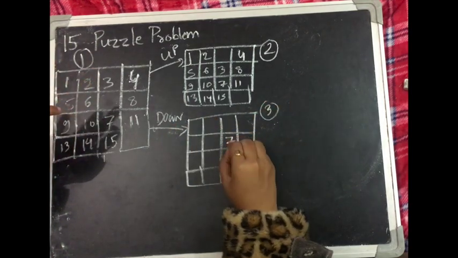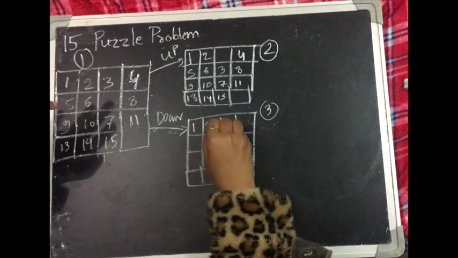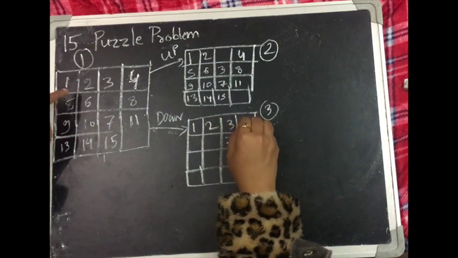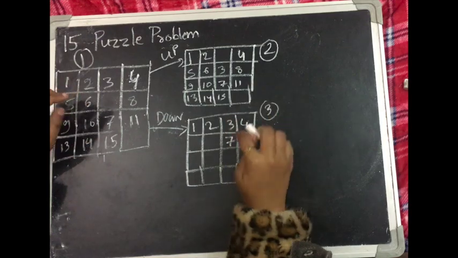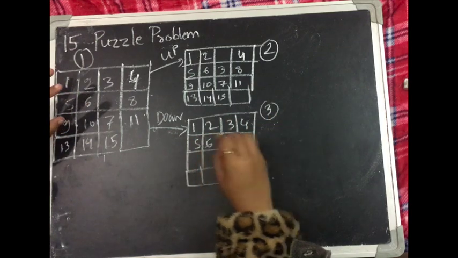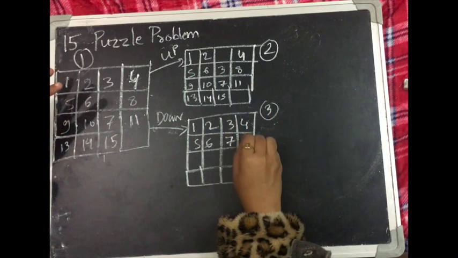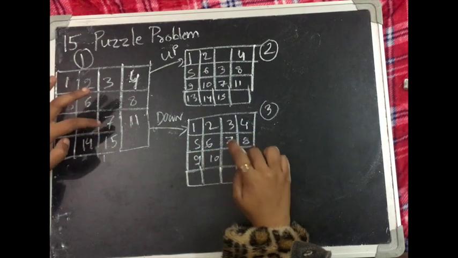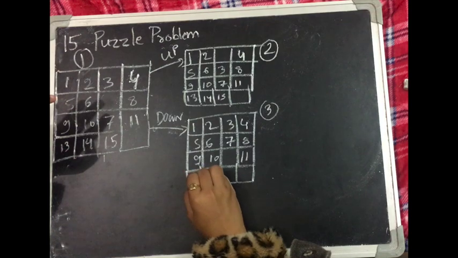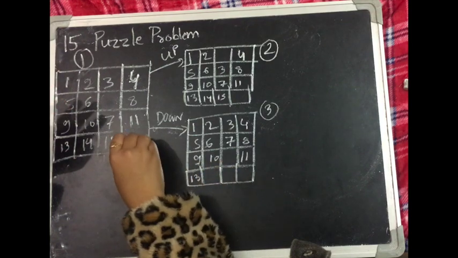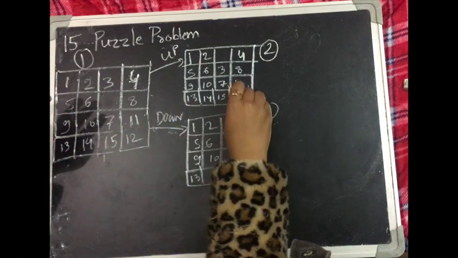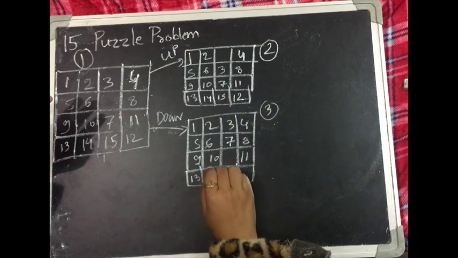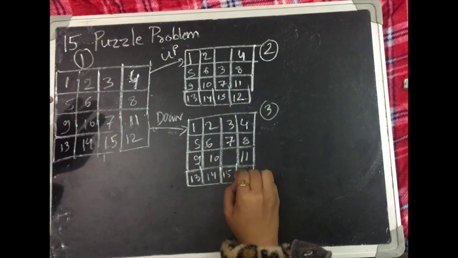That is, 7 will come here, gap will come here, rest will be the same. Don't get confused, see from the original level. Since down, the gap has moved downwards, and yes, we are correct. Sorry, it's 12 over here. Okay.